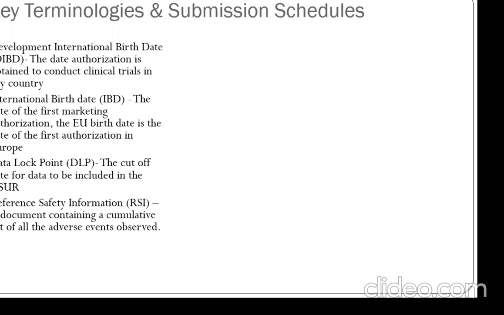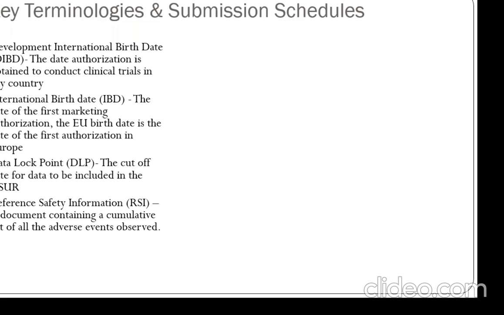When I say it stops the review period, if the review period for a particular DSUR is 1st of January 2019 until 31st of December 2019, then 31st of December 2019 is the DLP.